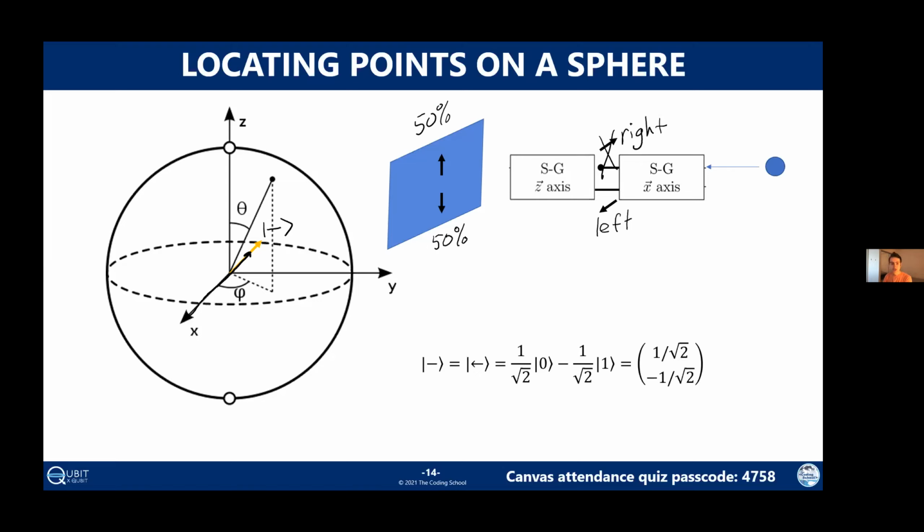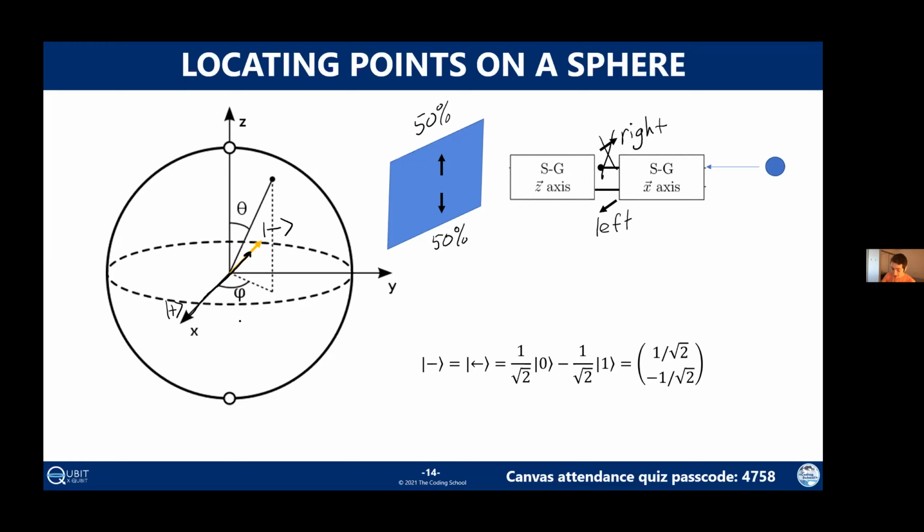So let's think about what changed here on the Bloch sphere. Notice if you tried to write ket plus and ket minus using these angles, theta and phi, would one of them stay the same? So again, I'll repeat that question. If you look at ket plus down here and ket minus back here, is one of these two angles the same for both of those arrows?